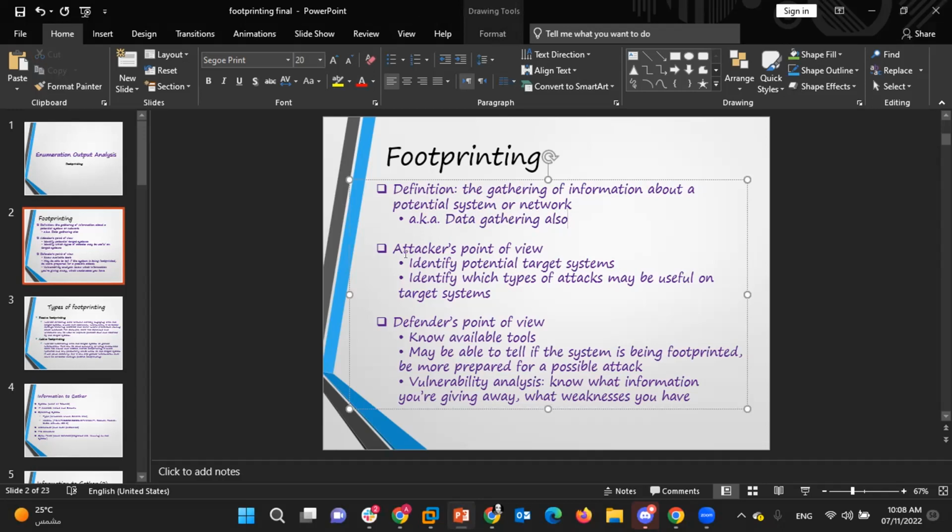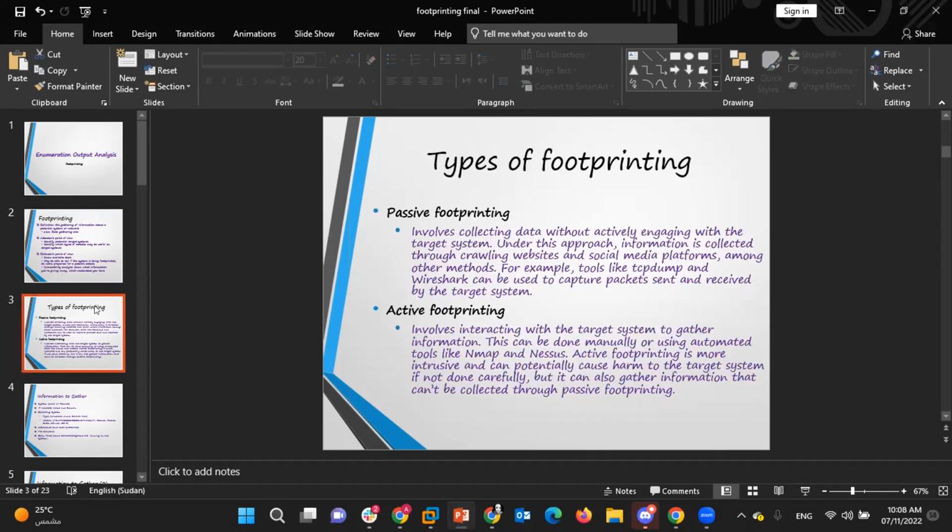How? He looks for the system he wants to attack firstly, and then tries to collect data about this system. Okay, what is this data?